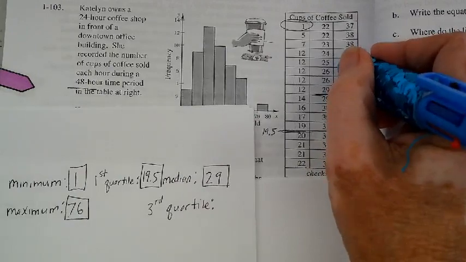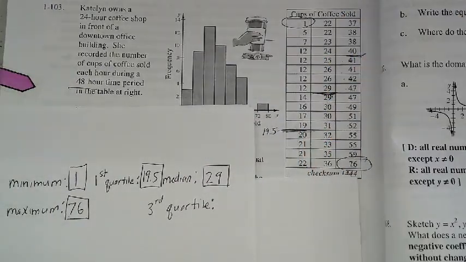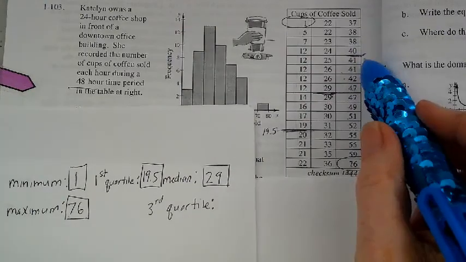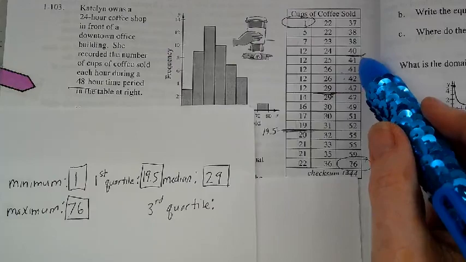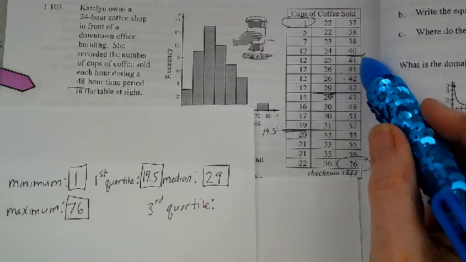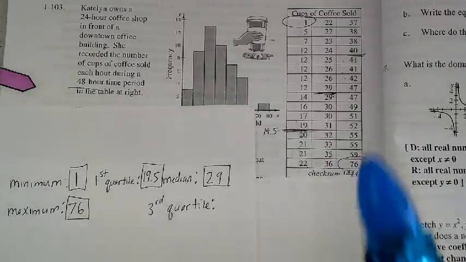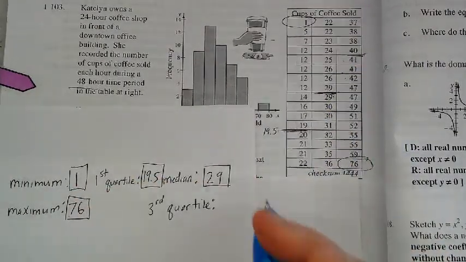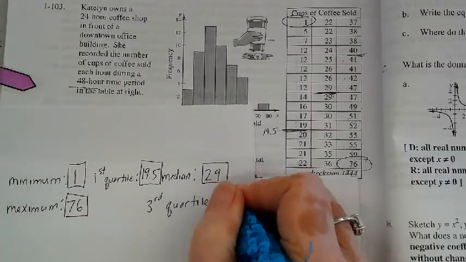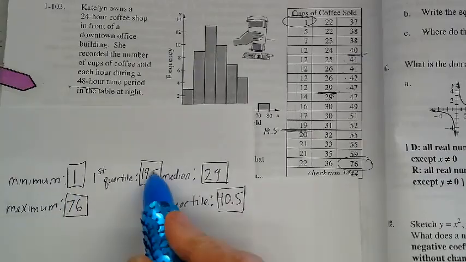There's the 12th number from the bottom, and if I counted it the other way from here, it would also be 12. So it's somewhere in between. The number is exactly in between 40 and 41. So that's going to be 40.5. So there's my 5-number summary. I got 1, 2, 3, 4, 5.